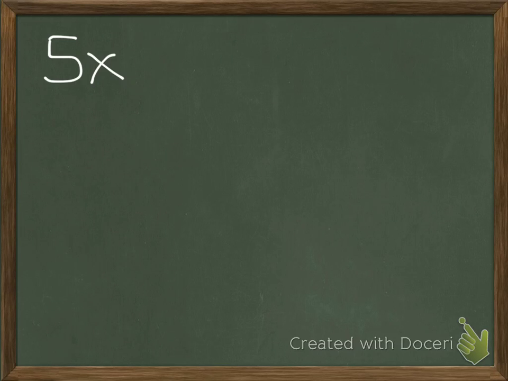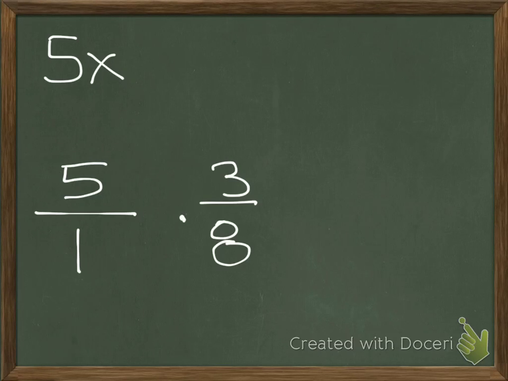This one is 5 times x, and x is 3/8. Now if you have a whole number and you're trying to make it a fraction, we talked about making it over 1. So I'm going to do 5/1 times 3/8 to make them both in the same form.